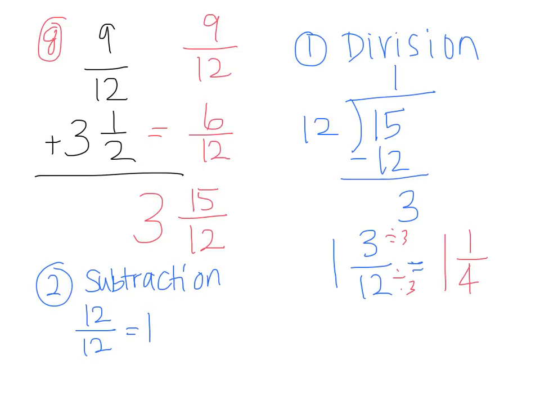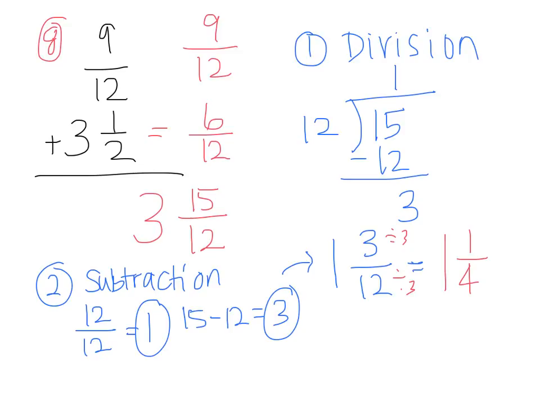So if I know 12 12ths equals a whole, and I have 15 12ths, I'm going to take 15 minus 12, which equals 3. So that means I have 1 whole and 3 left over, giving me, again, 1 and 3/12, which I reduce down to 1 and 1/4.